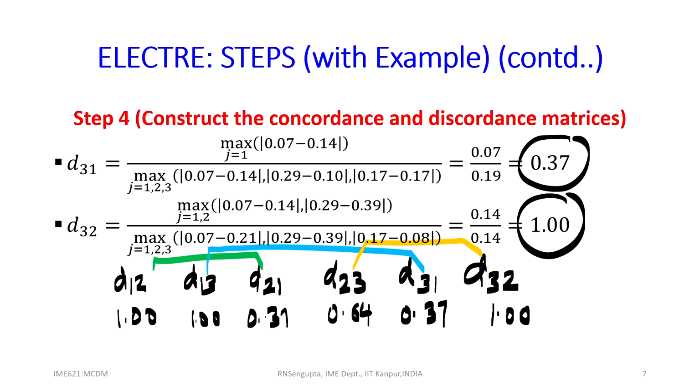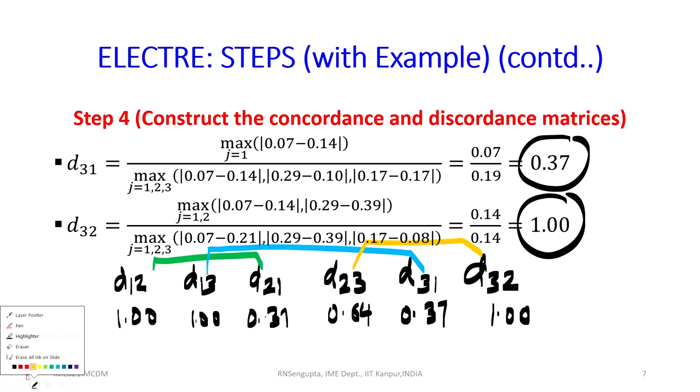If I see the green color, it is better to choose 2 with respect to 1. If I see the linkage of blue color, it is better to choose 3 with respect to 1. If I check the light darkish yellow one, it is better to choose 2 with respect to 3.